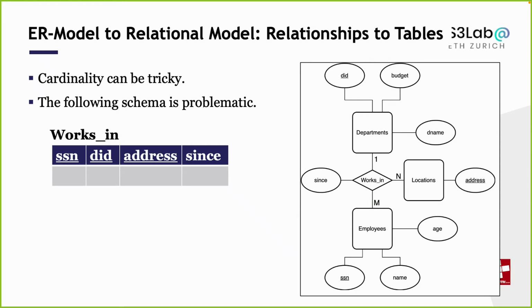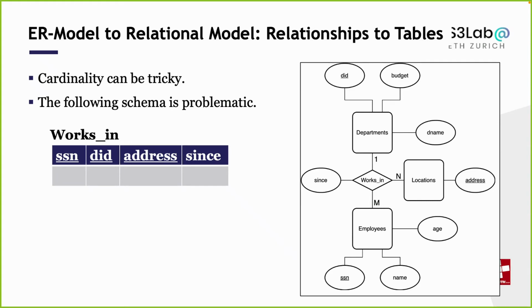Exactly, okay, perfect. So now let's think about what the implications of the cardinality constraint are. From the cardinality constraint, what do I know? I know that in this relation, I will never have the case that I see two tuples with the same location and employee value but associated with a different department value. It means that if I know the SSN of the employee and I know the address, I can uniquely identify a department. Make sense?